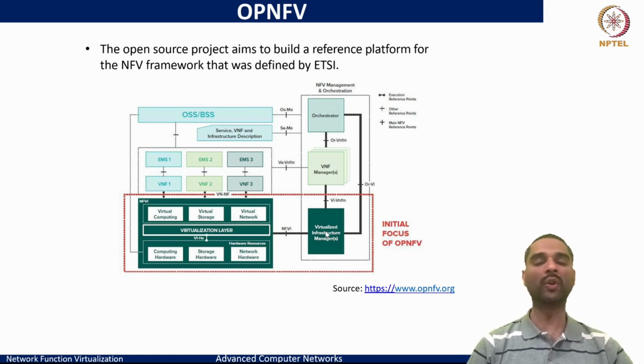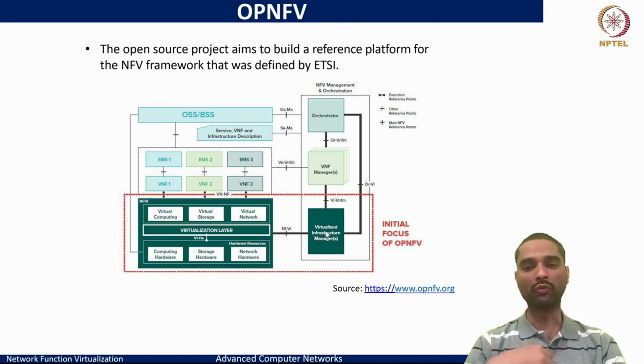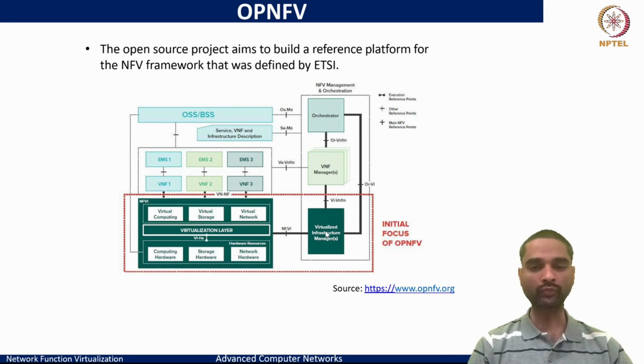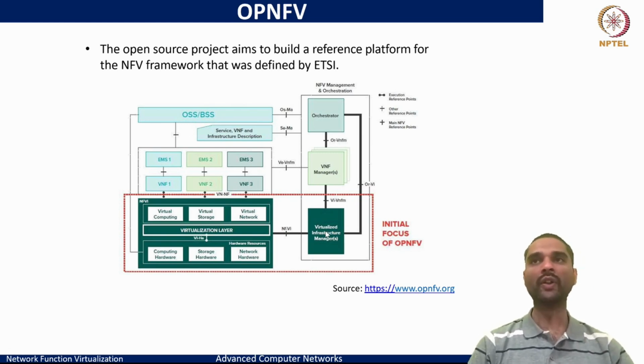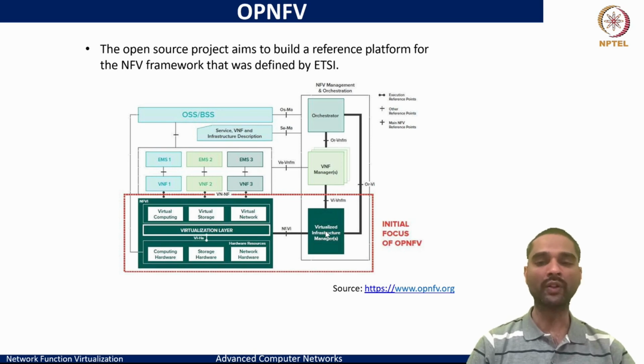Primarily it is OpenStack, which was already there to create VMs, orchestrate, and decide where to deploy the VMs. So OPNFV was trying to integrate this NFV framework, by developing the VIM and the NFVI, with upstream projects like OpenStack.